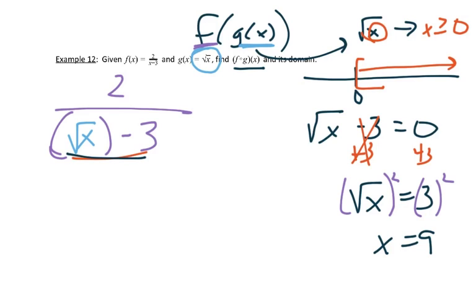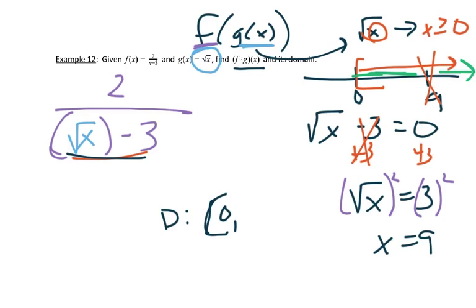So 9 causes a problem in this fraction. That means that we can't have 9, it means we'd have to cross out 9. So our domain would be between 0 and 9, and then 9 and bigger. So we would say that we can include 0 though, because that's what we had to begin with, was a bracket.